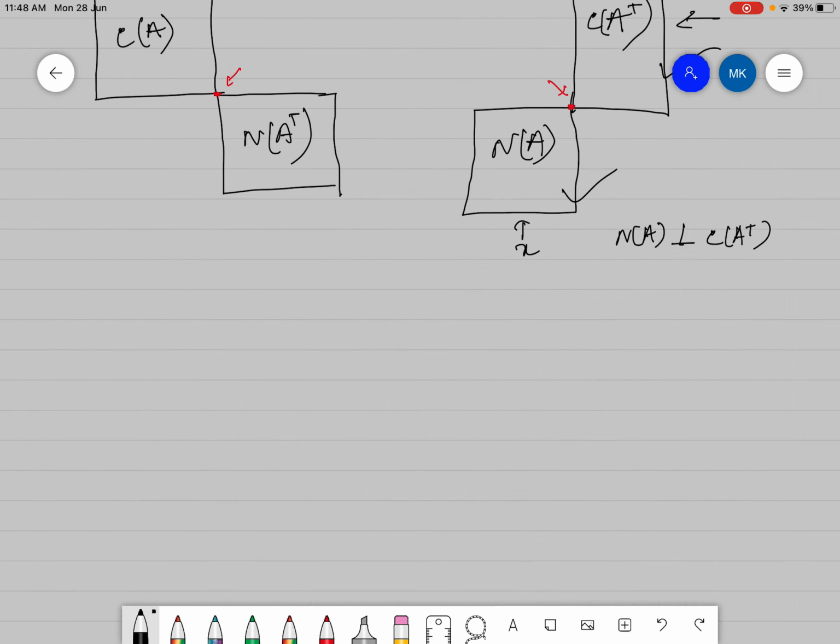Let's dive deeper into this. You have A as some combination of rows. Let's say this is row 1, this is row 2, this is row m.